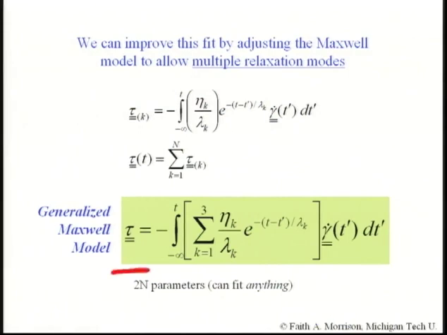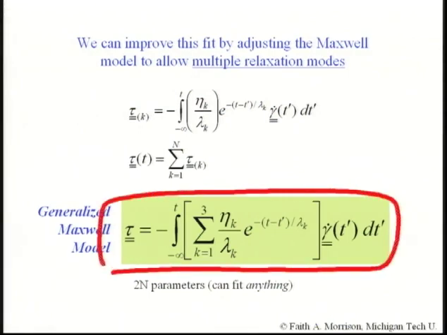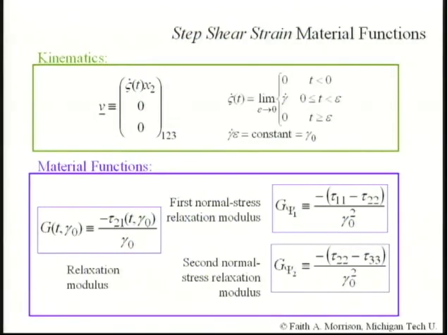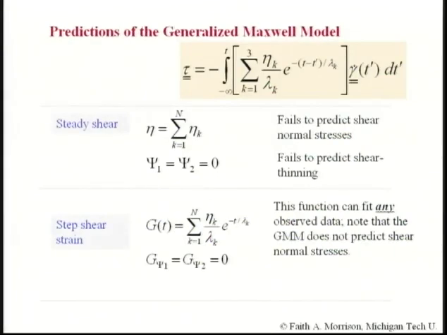So all you need to do is take this constitutive equation, put the steady shear gamma dot in, and then carry out the integration. The result is given here in the slide somewhere. Maybe not. Yeah, here it is. Here's the answer. The answer is that the viscosity is the sum of the various eta sub k's that are characteristic of the model. Oh, even in here I used 1 to 3. Interesting.